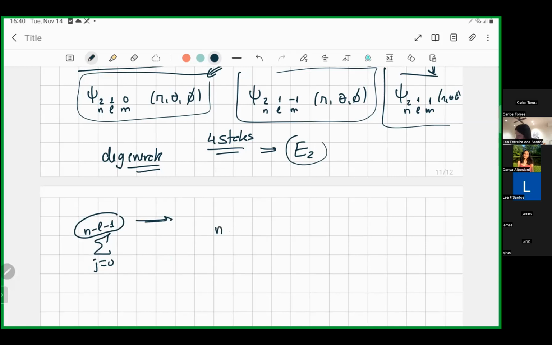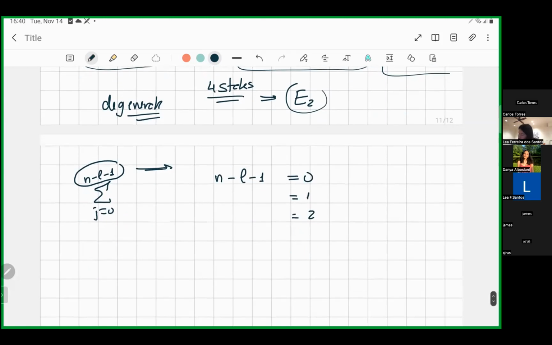Well, it can be 0, it can be 1, it can be 2, it can be 3, but it cannot be negative. So it can be 0, 1, 2, and so on, starting from 0. So how do we find the value of L?